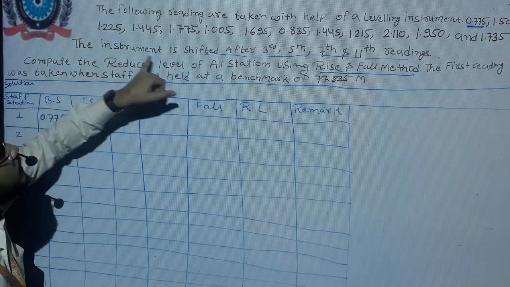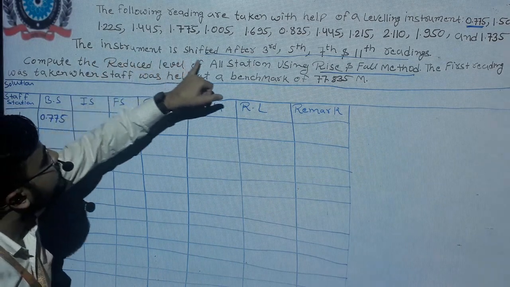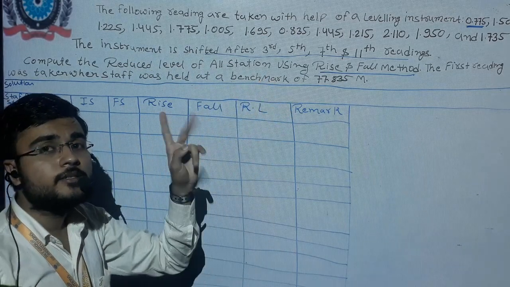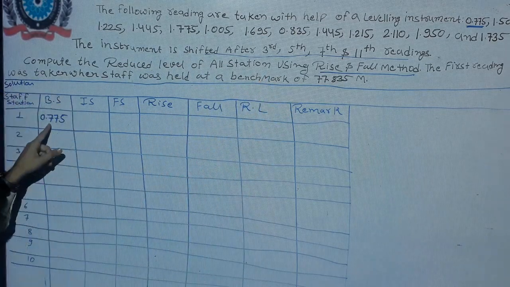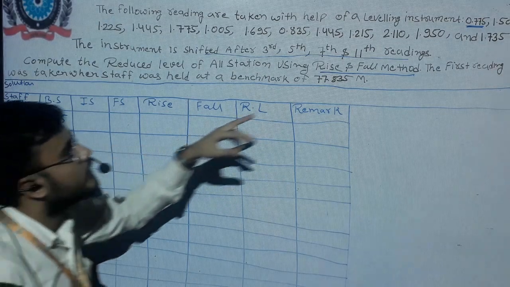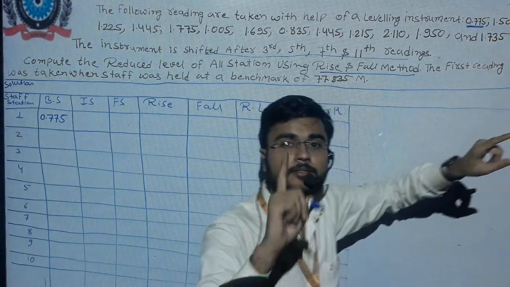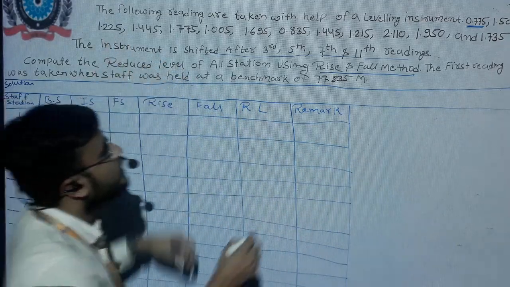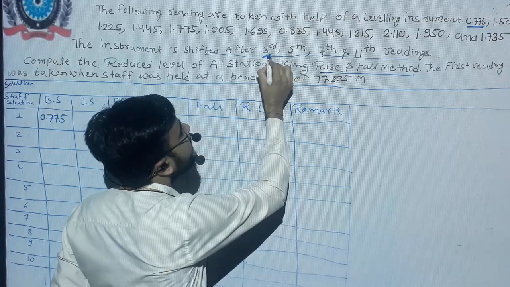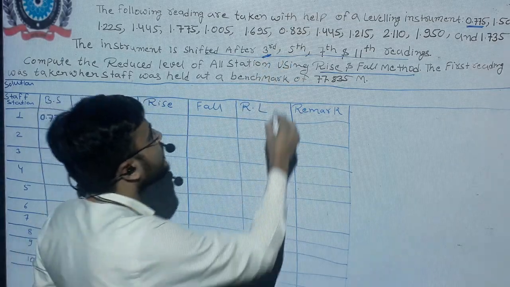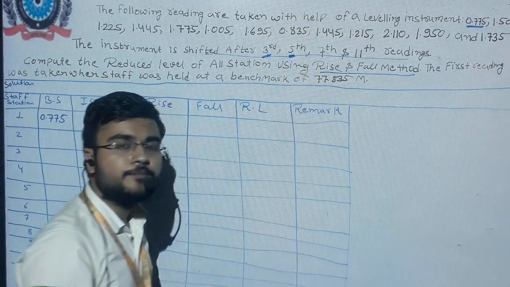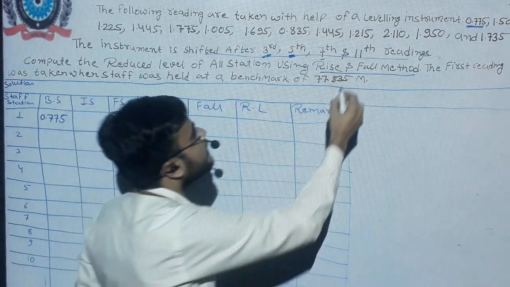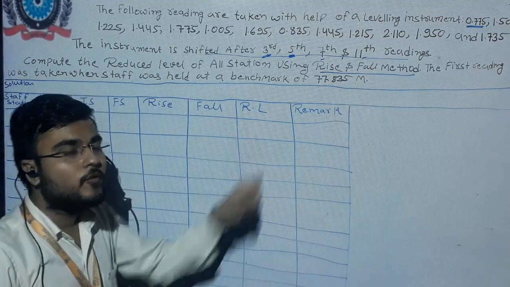Here we can complete our question. The instrument is shifted after the third reading. First reading you have written here, then the second reading will be intersight and the third reading is the foresight. Where you have written the third reading, it is the foresight. Again the fifth reading is foresight, the seventh reading is foresight, and the 11th reading is also foresight.